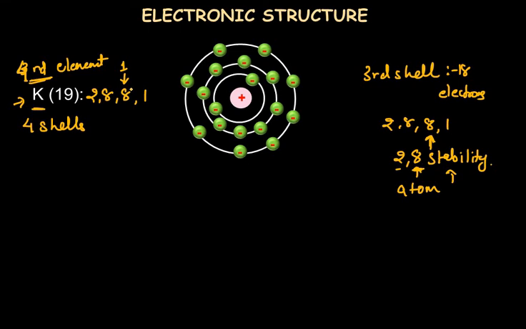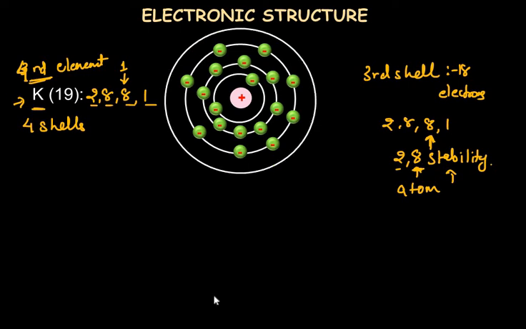So only the 4th shell is unstable with 1 electron, and that is the reason that the electronic structure of potassium is 2, 8, 8 and 1, and potassium is kept in the 4th period of the periodic table.